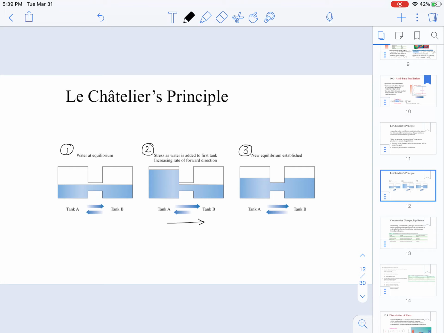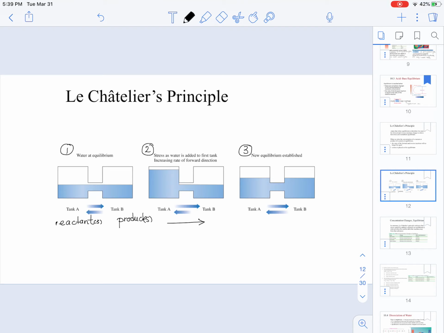So how is this related to Le Chatelier's principle? Let's assume that tank A represents the reactants in a reaction, and tank B represents the products of a reaction.